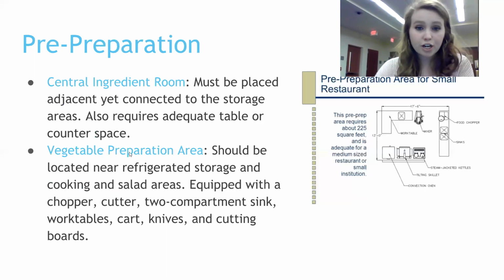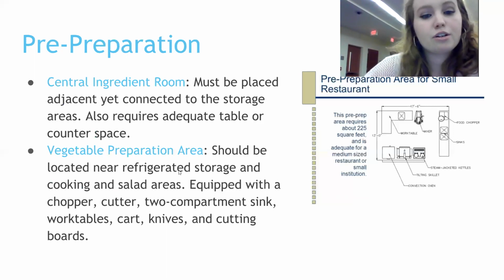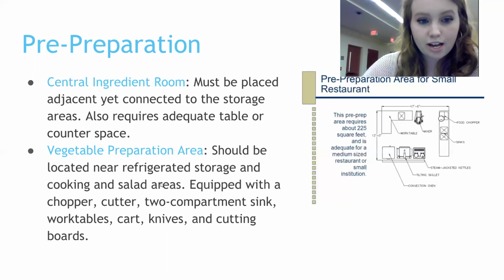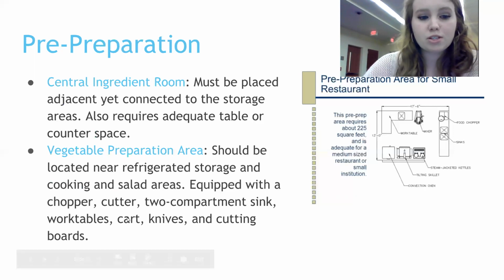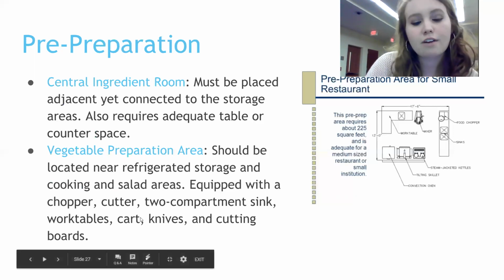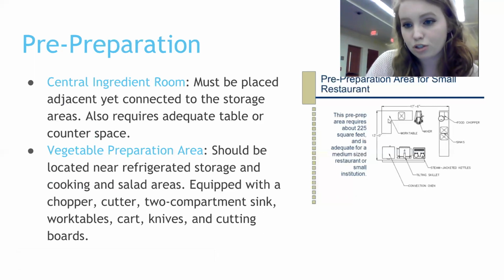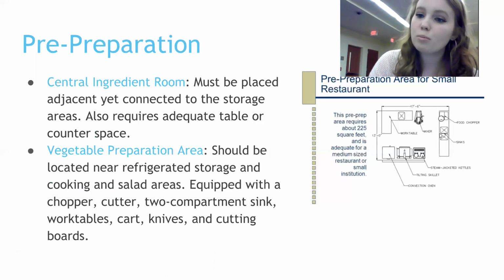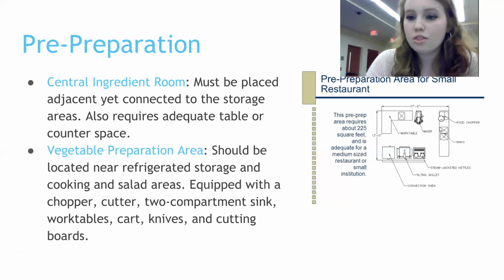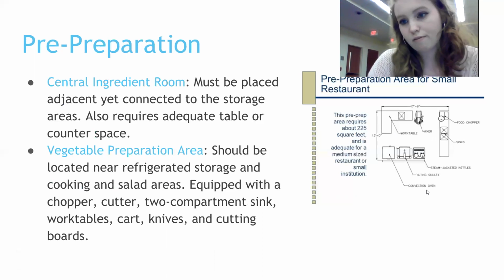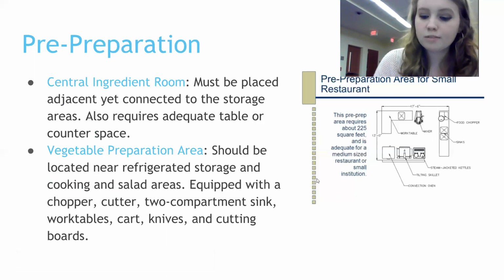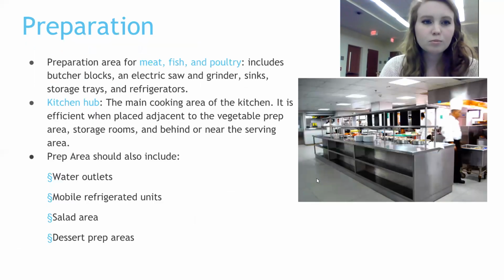The vegetable preparation area should be located near refrigerated storage and cooking and salad areas, and it's equipped with a chopper, cutter, 2-compartment sink, work tables, cart, knives, and cutting boards. And you can see on the picture, there's a work table, the 2-compartment sink, the food chopper, and then there's some other things in this picture like an oven and a skillet and whatnot. And those are just extras.